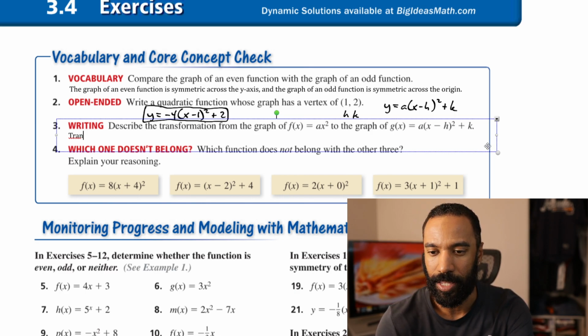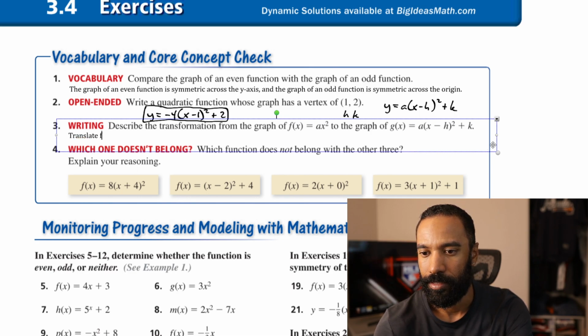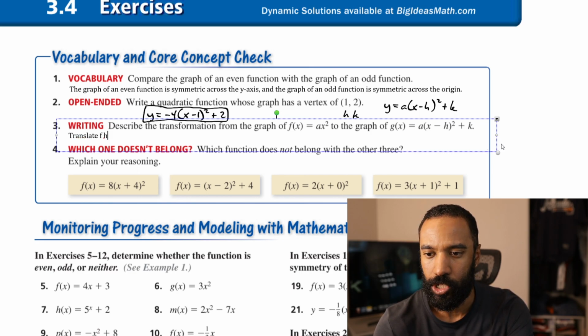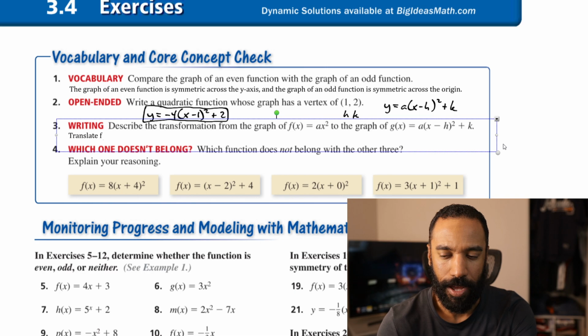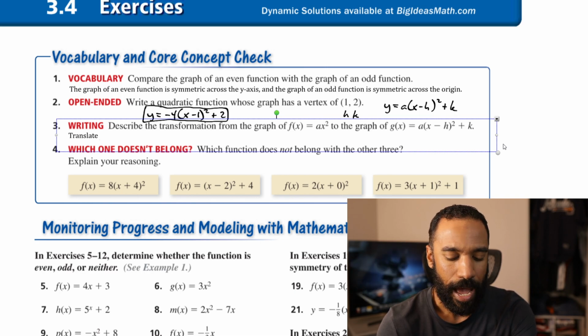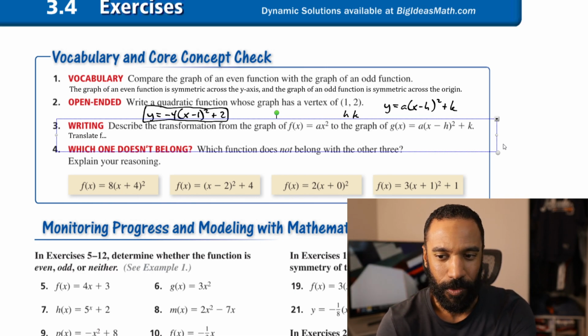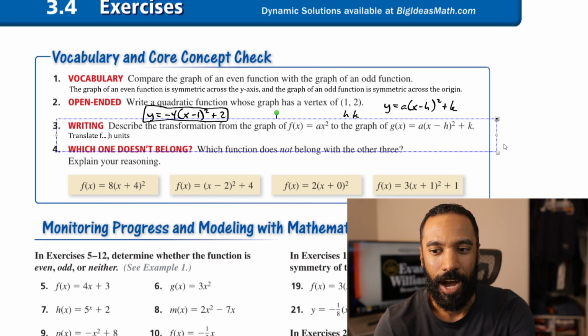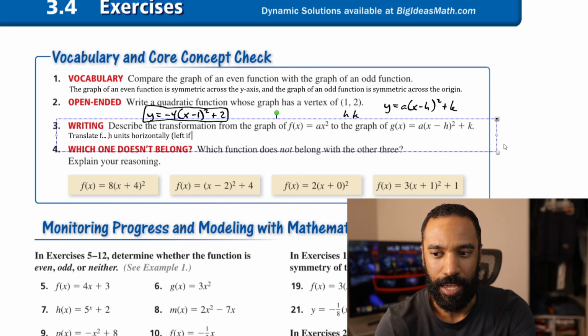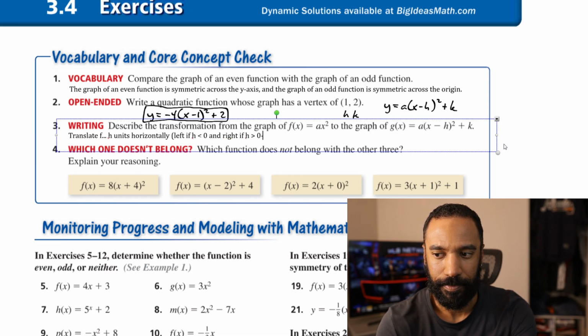We'll translate f h units horizontally, left if h is negative, and right if h is positive.